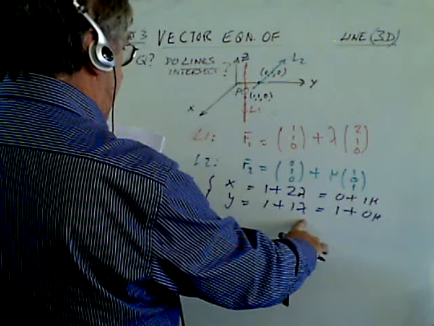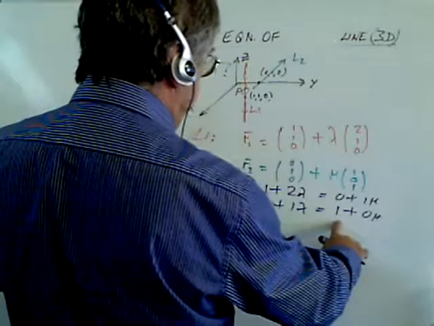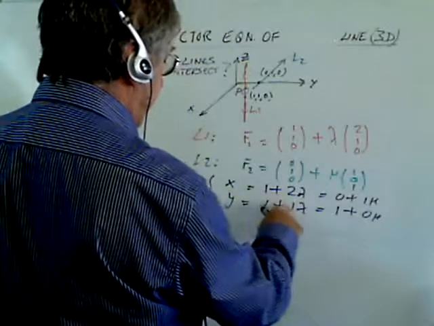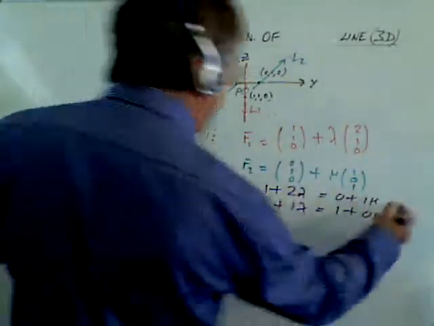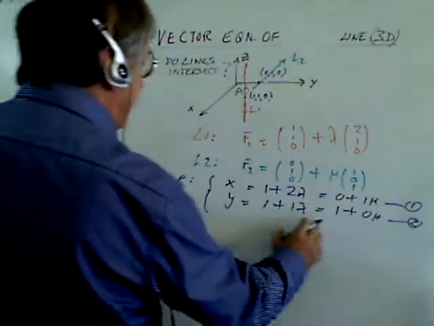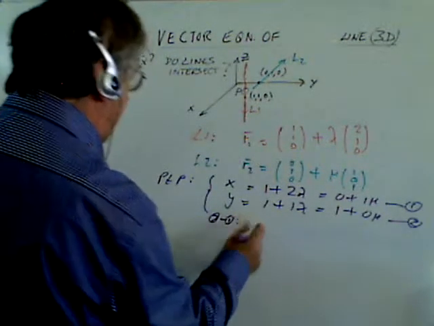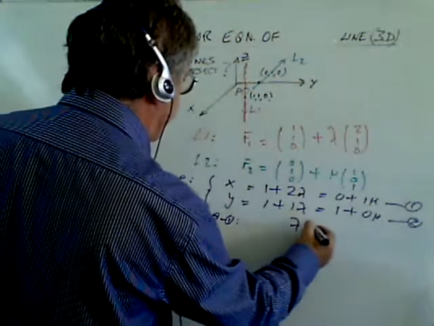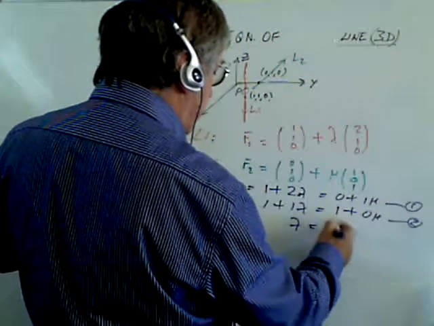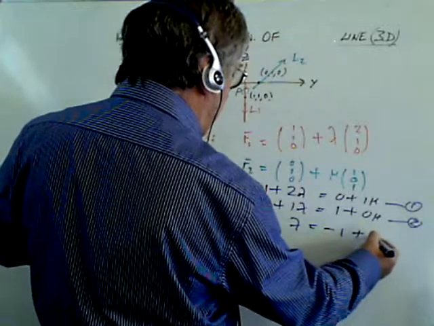Obviously, here, if I subtract equation 1 from equation 2, so it's equation 2 minus equation 1, I am going to end up with lambda equal to minus 1 plus mu.